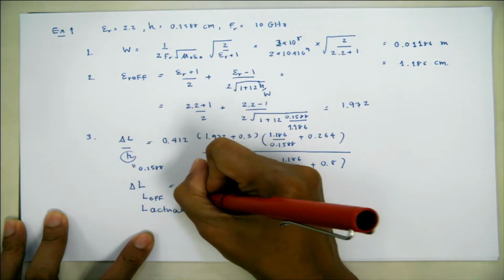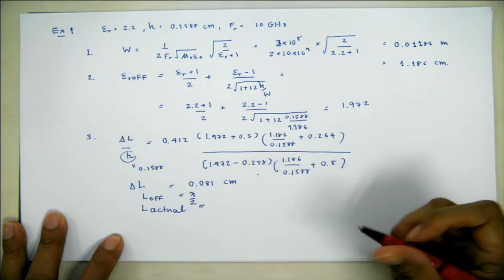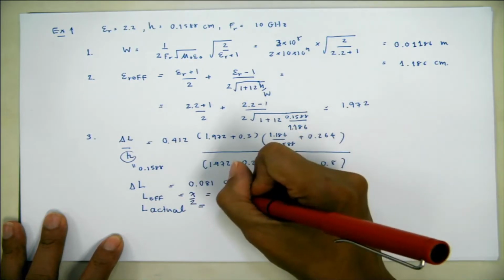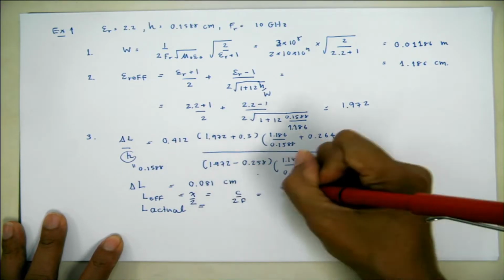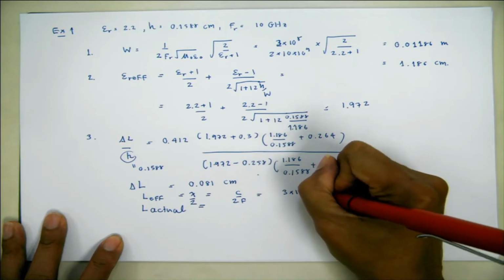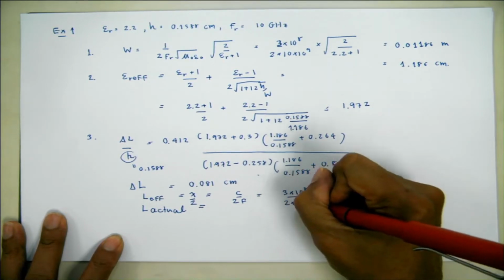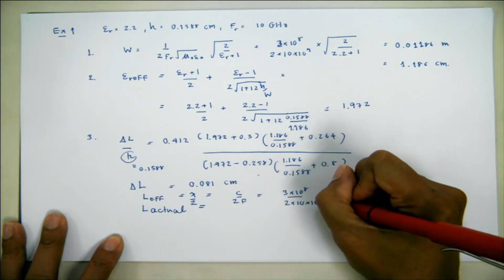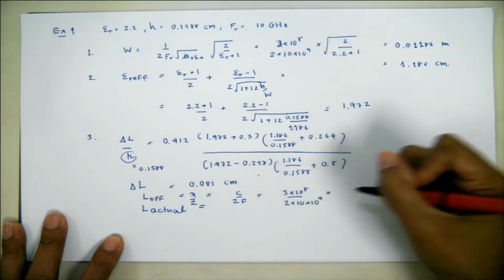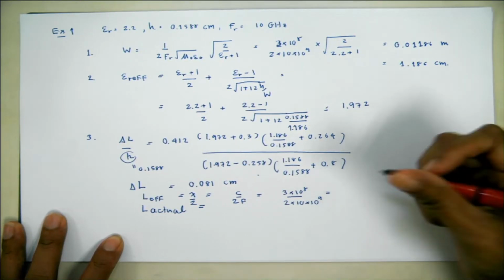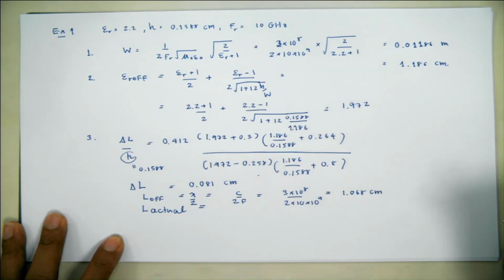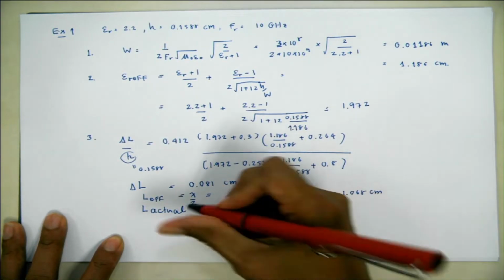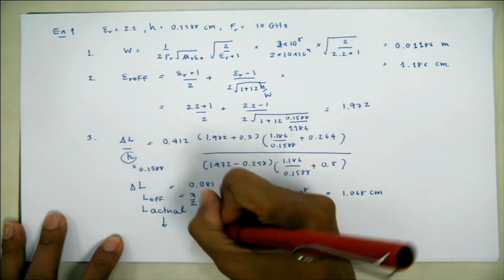Our effective length is lambda over 2. Lambda here is c over f, so this becomes c over 2f. So 3 times 10 to the 8 over 2 times 10 times 10 to the 9, and then we have 1.68 centimeters.